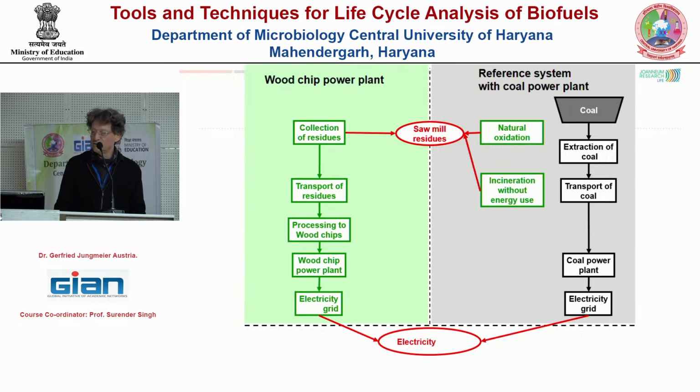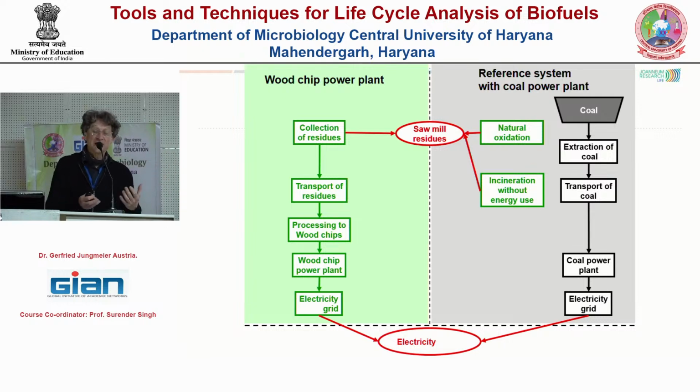And for example, if we use sawmill residues for this power plant, the question is what happened to them before you start using them. In that case, it was an Australian case study. On one hand, it's natural oxidation taking place, because a pile of wood sooner or later disappears and all the carbon is re-emitted in the atmosphere without energy use, and that has to be considered. It's the same if you take out forest residues directly from the forest.